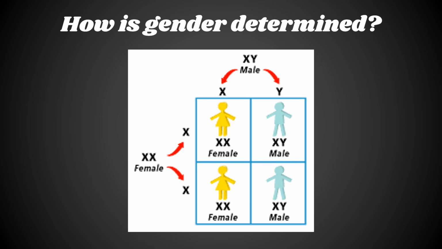If the offspring gets an X chromosome from the male, then the offspring will be female. If the offspring gets a Y chromosome from the male, then the offspring will be a male. By looking at this Punnett square, we can see that each offspring has a 50% chance of being a male or a female.